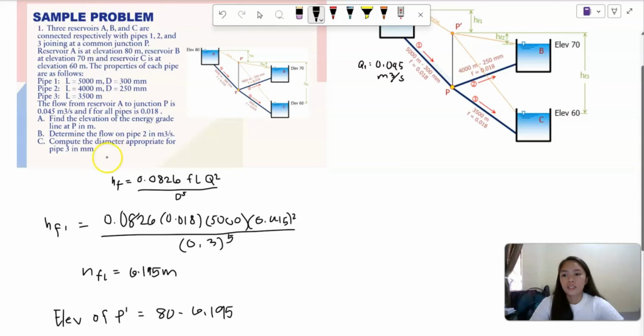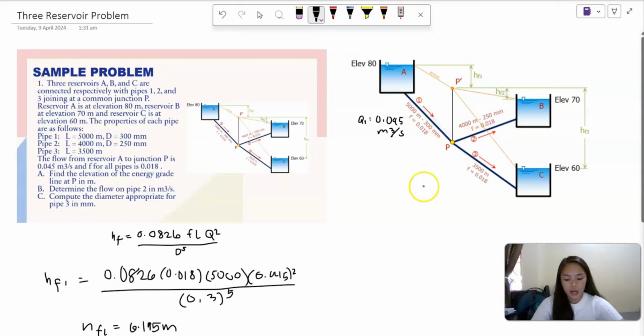So the last thing that we need to get is to compute the diameter appropriate for pipe 3 in millimeters, since the diameter here is not given. At junction P, whatever the inflow is equals the outflow. As I've said, Q sub A will discharge a flow to Q sub B and Q sub C. So our equation now will be Q sub 1 equals Q sub 2 plus Q sub 3.